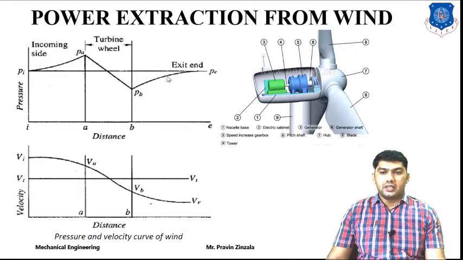This horizontal line is atmospheric pressure. After some time, due to atmospheric conditions, the pressure returns to atmospheric pressure, so the incoming side pressure is equal to the outgoing side pressure. This shows the variation of pressure due to the wind turbine wheel.